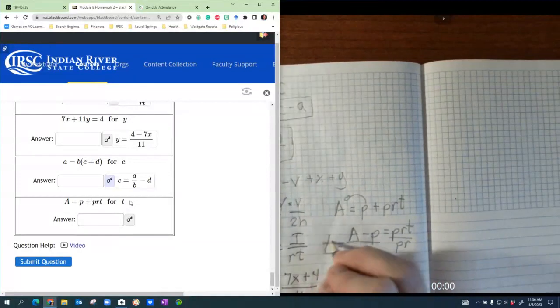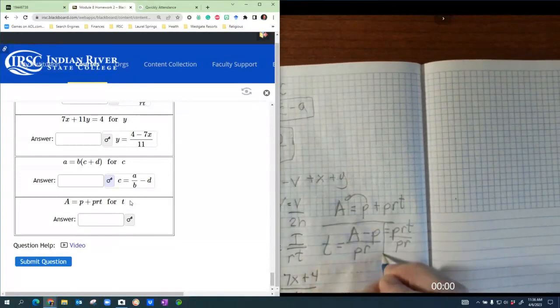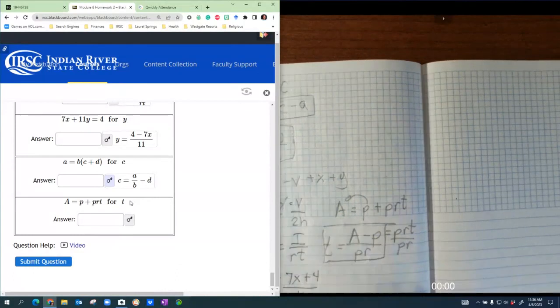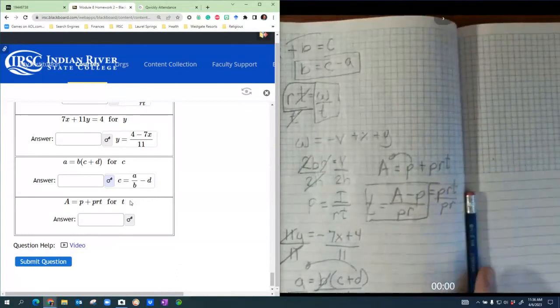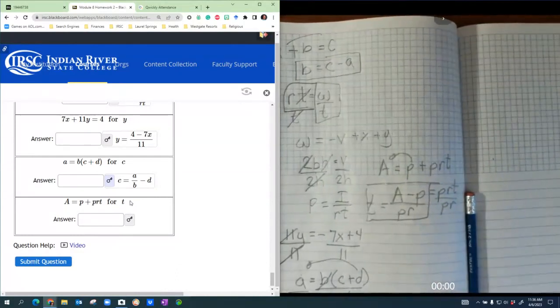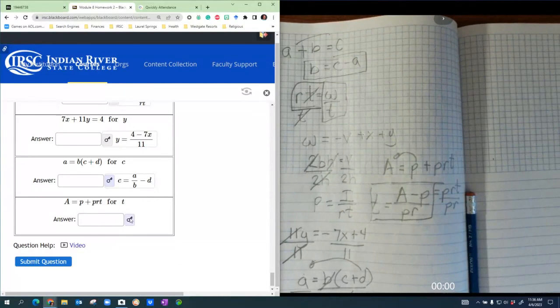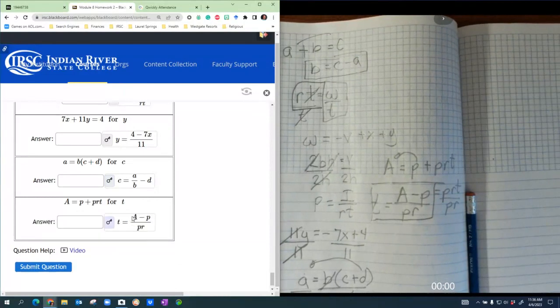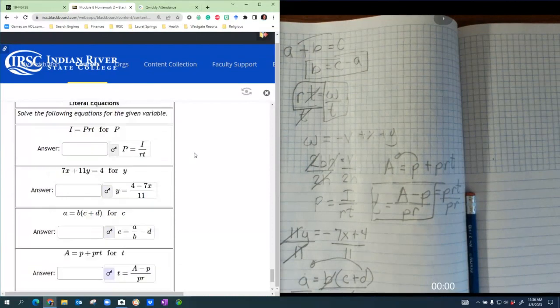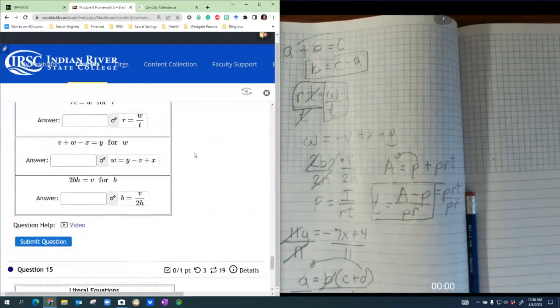So t equals this. All right, and that's literal equations at their finest. And that concludes the homework section for this lecture for 8.2.